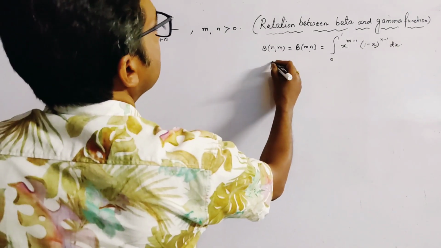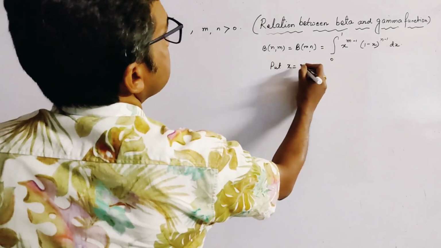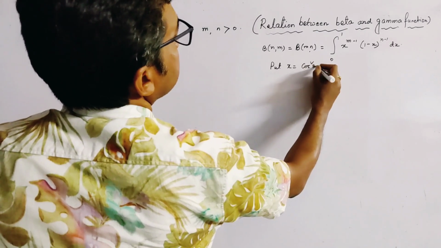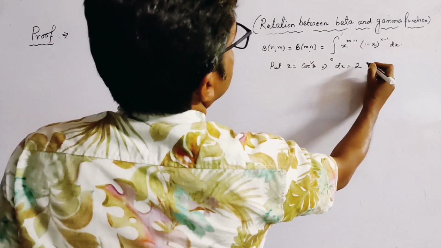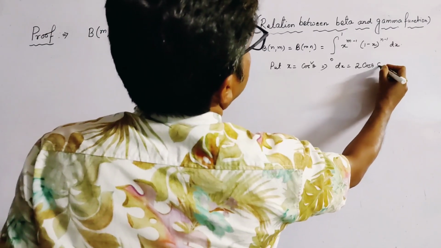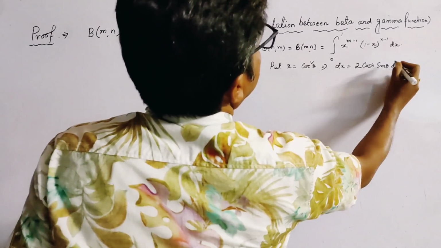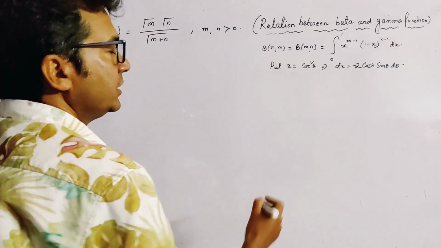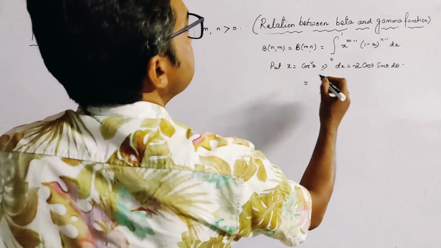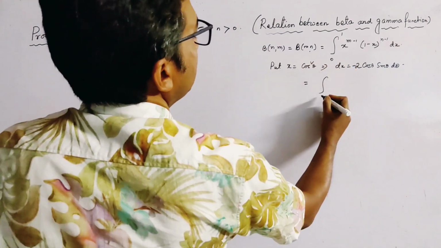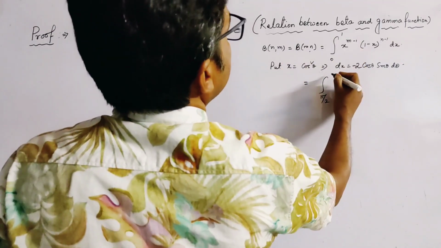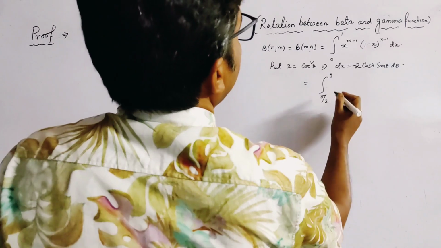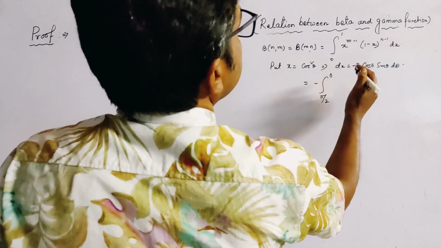Now if we put x equal to cos square theta, then we get dx equal to minus 2 into cos theta into sin theta d theta. The limits become: cos 0 means pi by 2 and 1 means 0, and this is minus because of dx here.